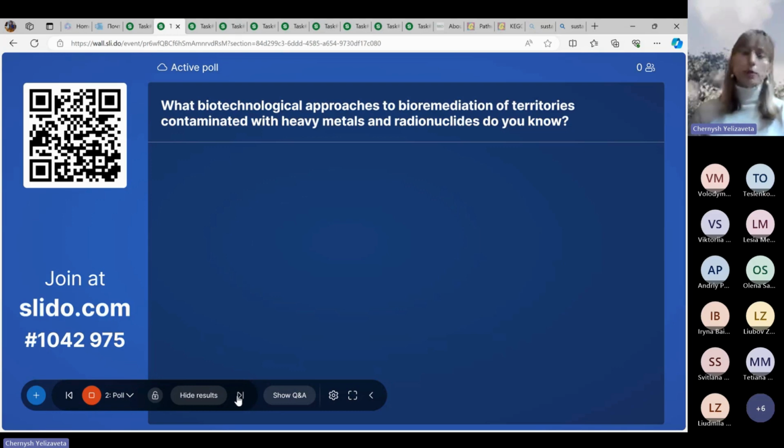We talk about biosorption, bioaccumulation. I think we discussed a lot of this type of biological mechanism and how we can involve different groups of microorganisms in these processes.